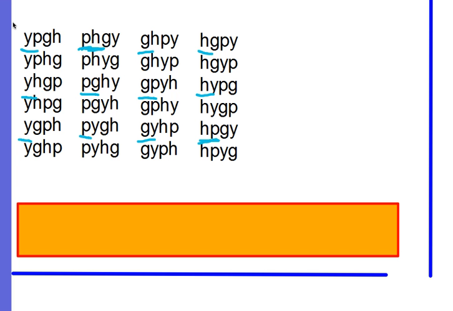But let's imagine these objects were people. And I had 4 people, and I wanted to invite 2 of them to go bowling with me. 2 of these 4 people. Then order would not be important. I wouldn't care, there would be no difference between having Hetta and Phyllis and Phyllis and Hetta.